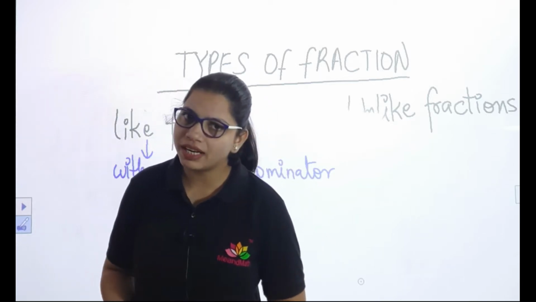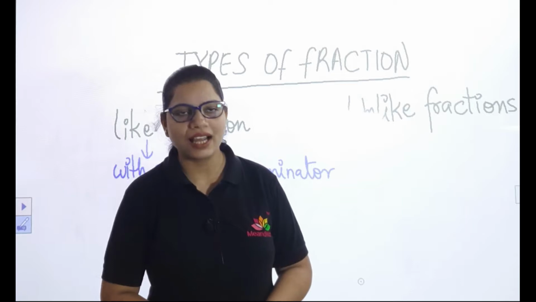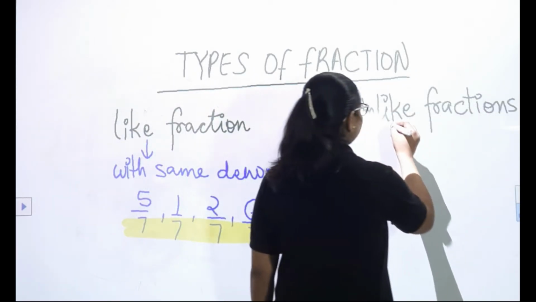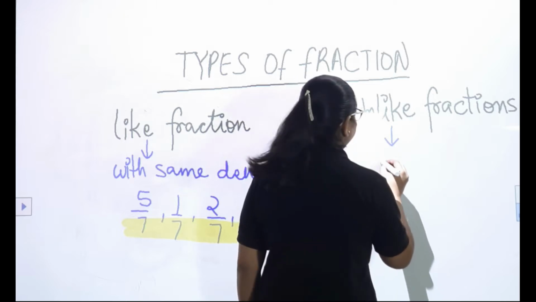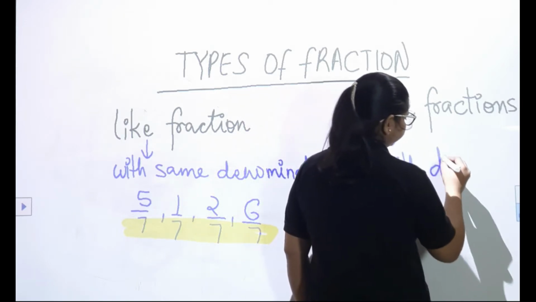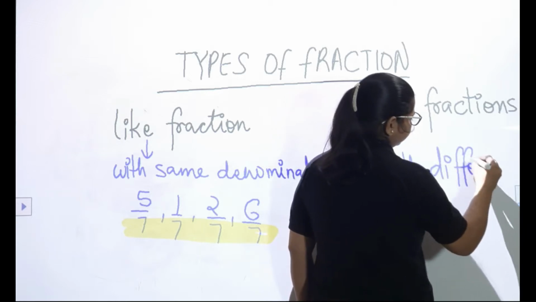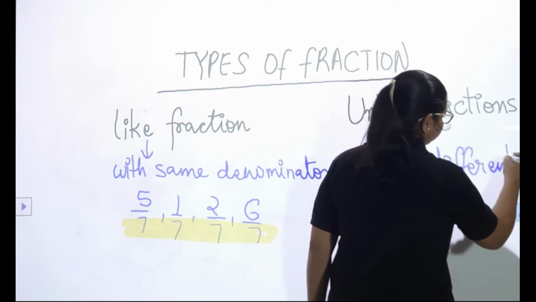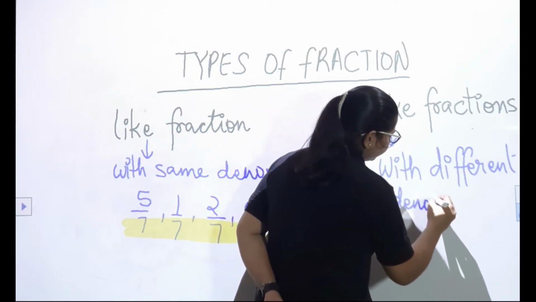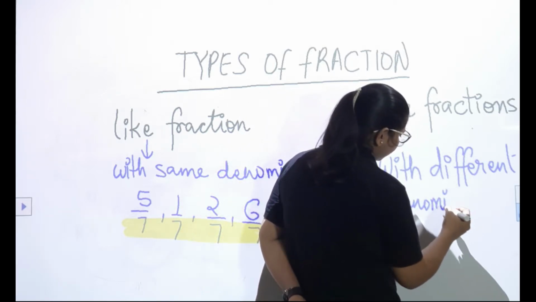Fractions with different denominators are called unlike fractions. So how do we define it? Fractions with different denominators. And the denominator, you must be knowing, is the downwards number.